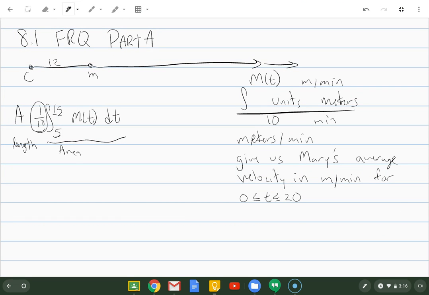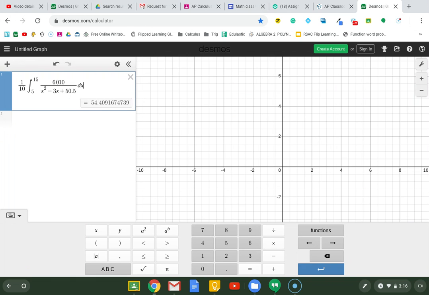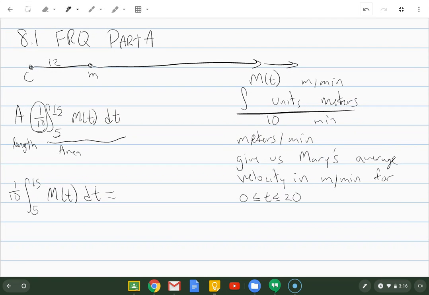Okay, so we can say this whole thing, and I shouldn't say area, that's not what I wanted, that integral of 1 over 10, the integral from 5 to 15 of m of t dt is going to equal, we said it was, 54.409. And remember, that's going to be in meters per minute. So meters per minute. That's how, so we can say that's Mary's average velocity in meters per minute for the time 0 to 20. Okay, so there's part A.